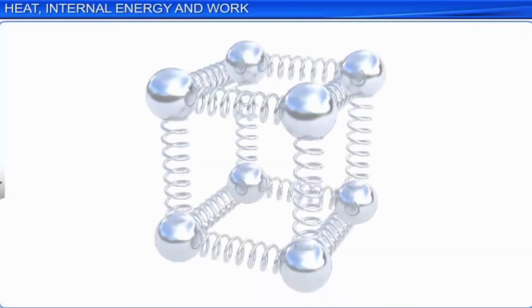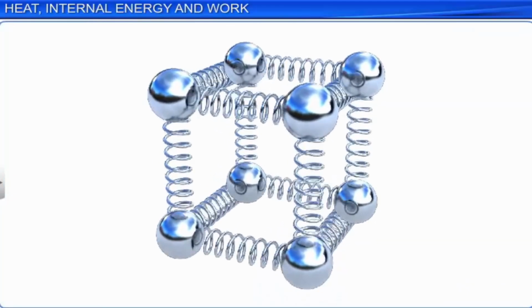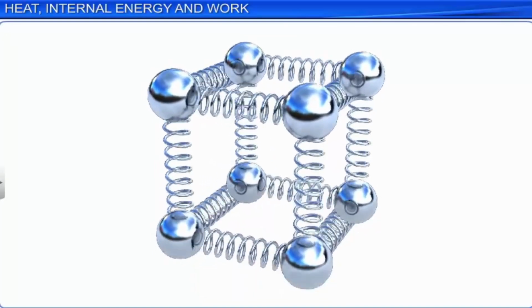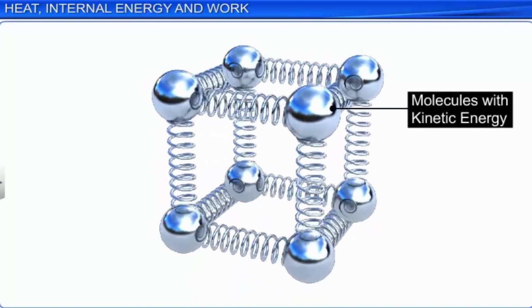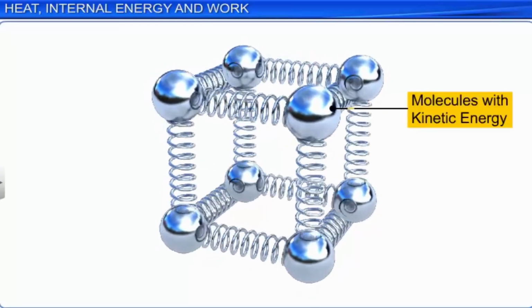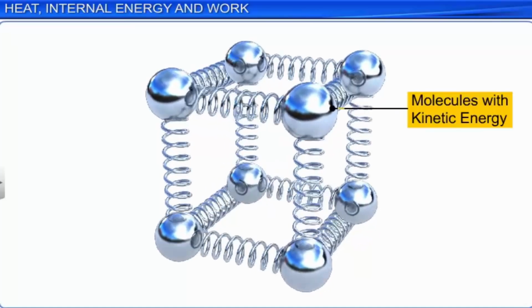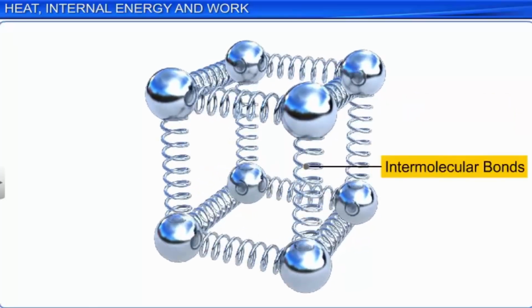At a microscopic level, the internal energy of a system is defined as the sum of kinetic energies of all its constituent molecules due to their translational, rotational, and vibrational motions, and the potential energies due to the interaction between these molecules.